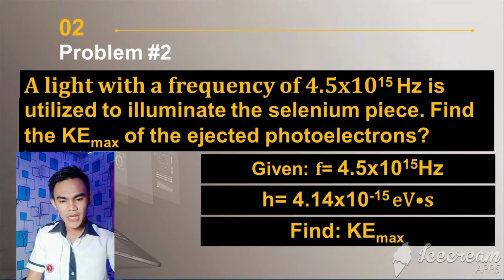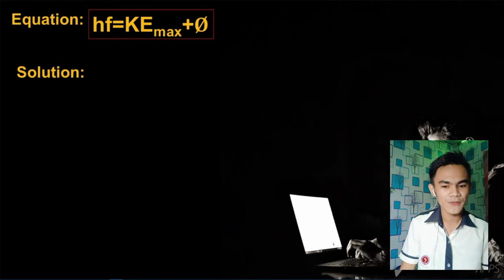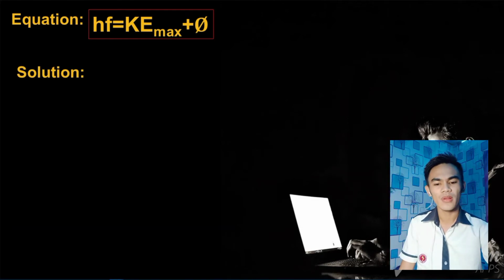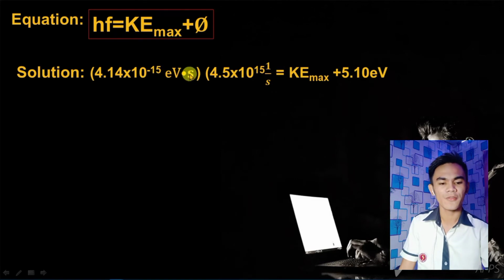For the equation, we are going to use hf is equal to the maximum kinetic energy plus the work function. Now let's substitute all the given values. We have h, 4.14 times 10 raised to the power of negative 15 electron volt seconds, times the frequency of 4.5 times 10 raised to the power of positive 15, 1 over second, is equal to the kinetic energy.